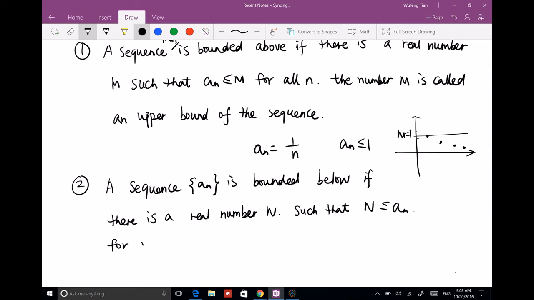Well, it's just a definition. It's kind of like common sense. It's not really a mathematical thing. If a sequence is bounded below, it means all the AN have to be bigger than that number, for all n.